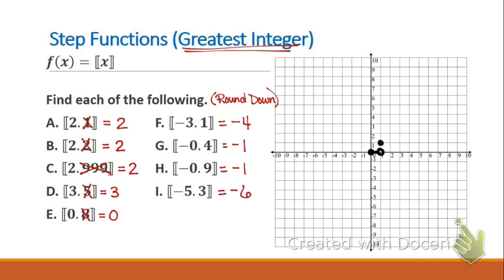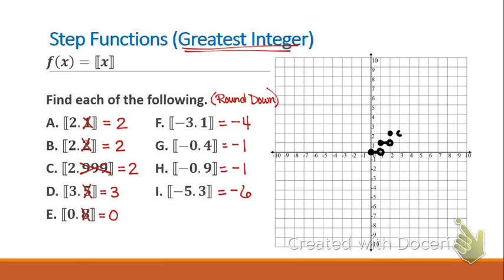And then I would move up a step because if my input is actually the whole number 1, then my output would be 1. And that goes all the way up until I'm almost at 2. So I have an open circle at 2, and all the values smaller than 2 but bigger than 1 are going to round down to 1.